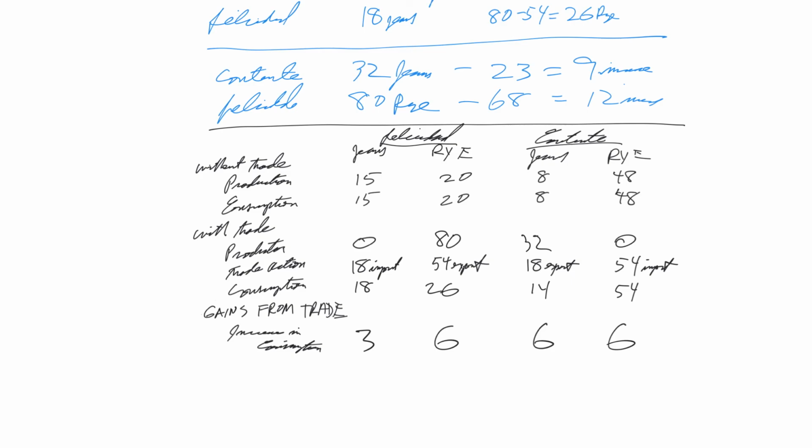That was long and painful, almost a half hour's worth, guys. I am so sorry. But that's the economics of trade, and that is why we do it. These numbers here, we're better off with it. That's why.